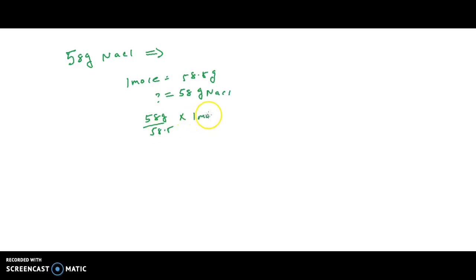So in 58 grams of sodium chloride, since 1 mole is equal to 58.5 grams, how many moles would we have? We divide 58 grams by 58.5 grams times 1 mole.